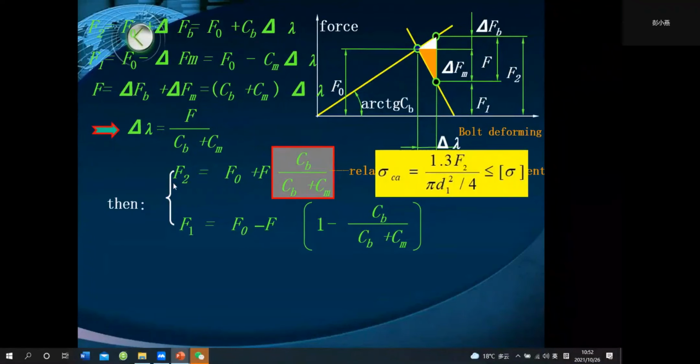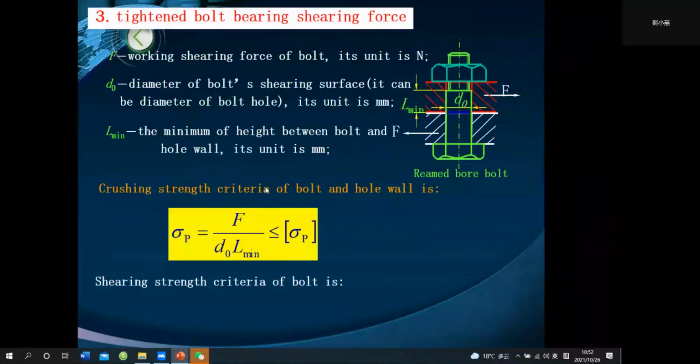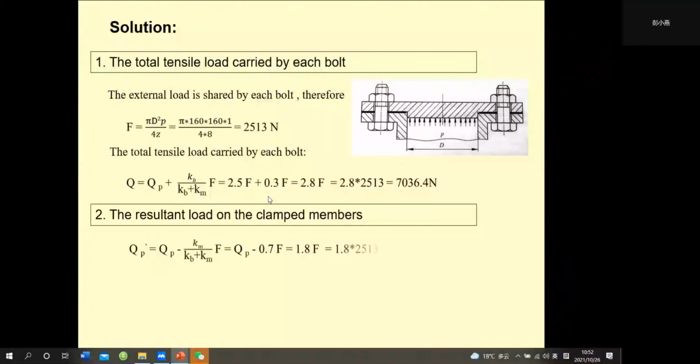And this is the total force acting on the bolt, this is the preload, and this is the actual force. In the example, you can also use F2 equals F0 plus this. Q is F2, and QP is F0. It's the same. QP is the preload, and F0 is also the preload.